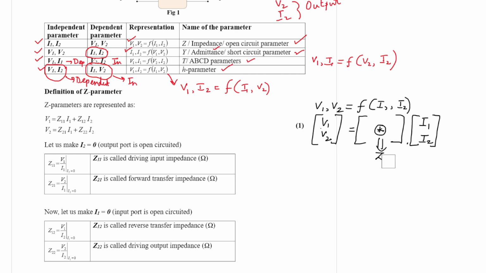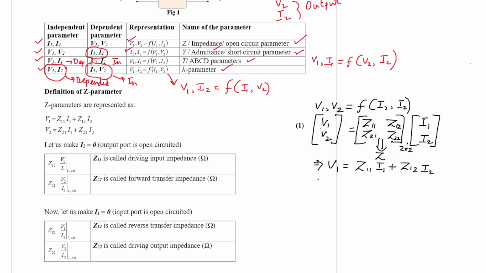Now if we arrange in matrix form, it becomes a 2 cross 2 matrix. The first term will be Z11, the second term Z12, the third term Z21, and finally the last one Z22. If you now expand, my first equation will become V1 is equal to Z11 I1 plus Z12 I2.